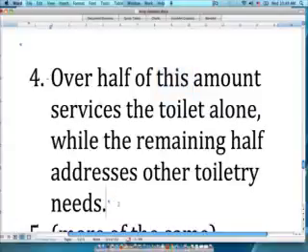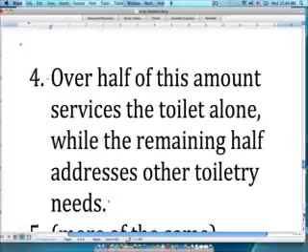Now, although you could share a value for this and say, that amount is 23%, I'm not going to do that because we don't need to address every single small detail, and it can sound kind of robotic if you say this value is this value is this value. So we're just going to try to make this as fluent as we can and as easy to read as we can. We've already mentioned that they make up 49% together, and now we're mentioning that it's about half toilet and half other bathroom necessities.